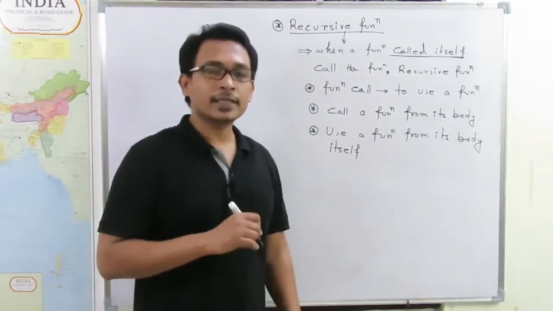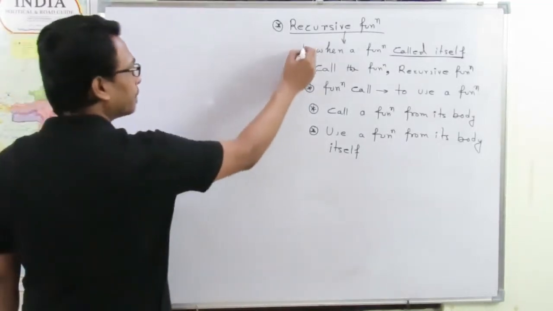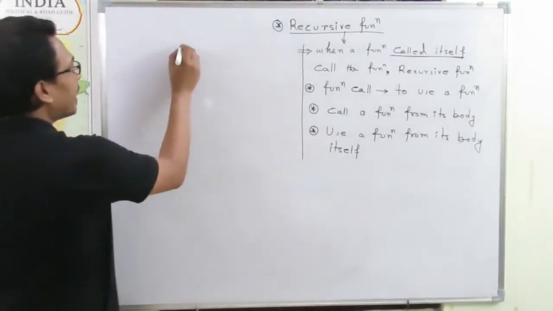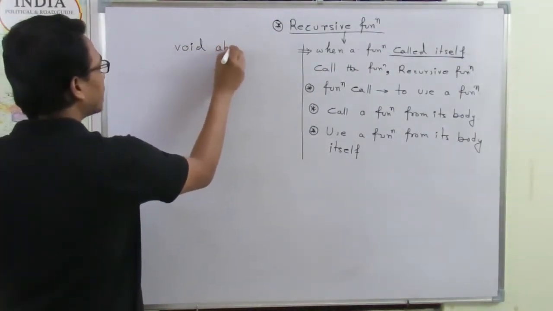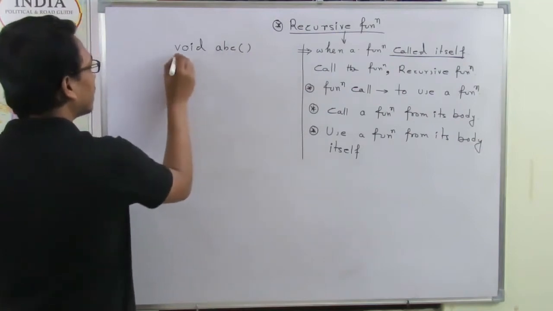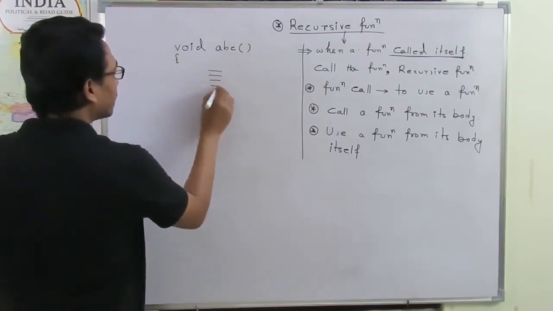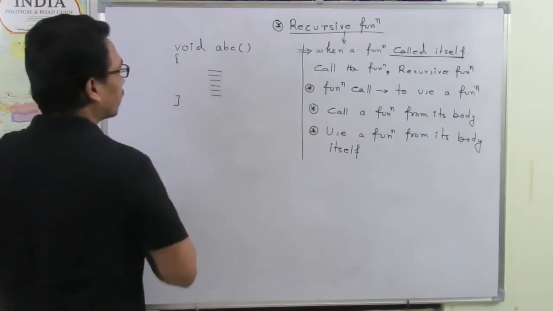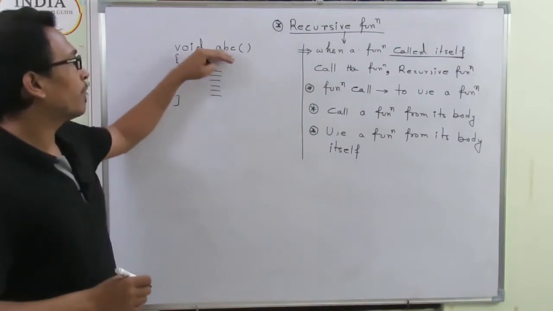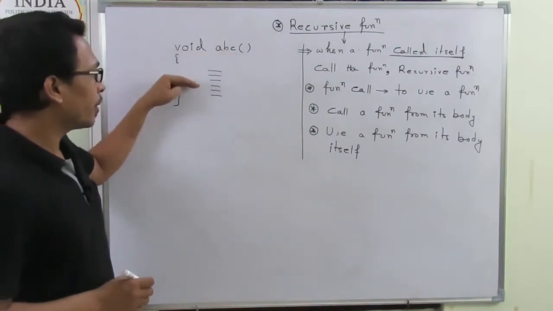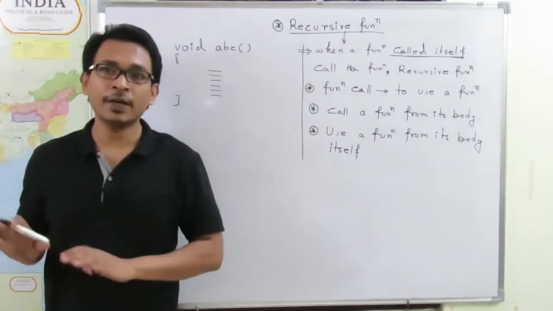So let's take an example how this recursive function looks like. So let's say we have a function with name ABC parenthesis and then function body start, and within this function body, look, there is general instructions are there. We did not call the function ABC from its body, then this function is a general user defined function.